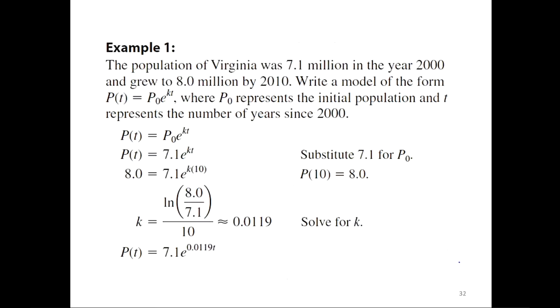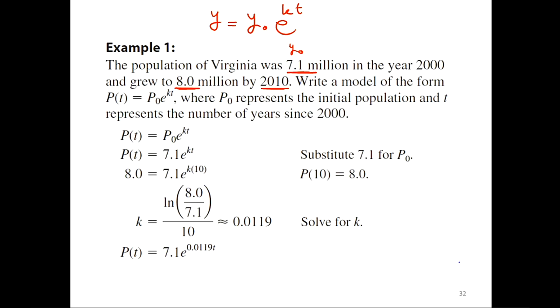Now for the exponential decay or growth, y equals y naught e to the power kt. The population in Virginia was 7.1 million in the year 2000, so this is the y naught, the initial value, and it grew to 8 million after 10 years, from 2000 to 2010.